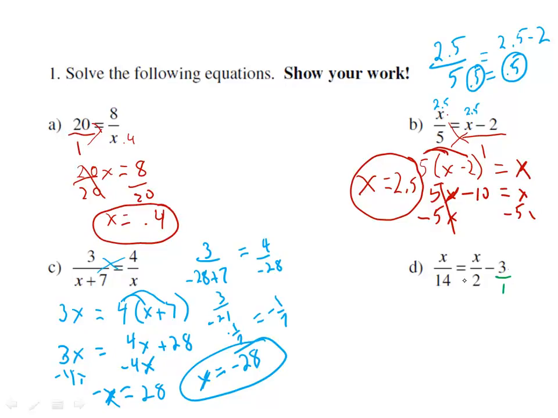And to do that, we think about these denominators, 14, 2, and 1. What would be the common denominator for those three? It would be 14. So we can multiply everything in the equation by 14.